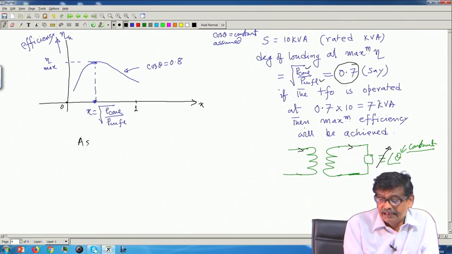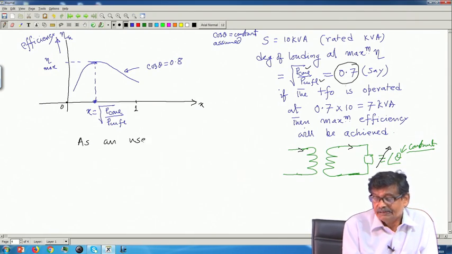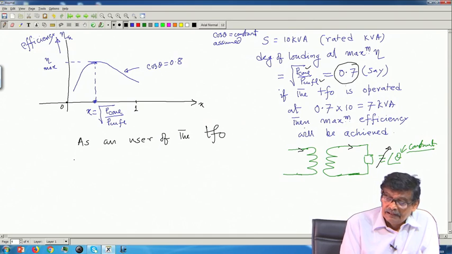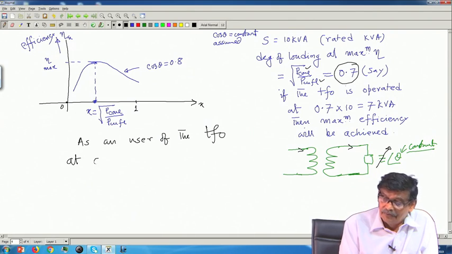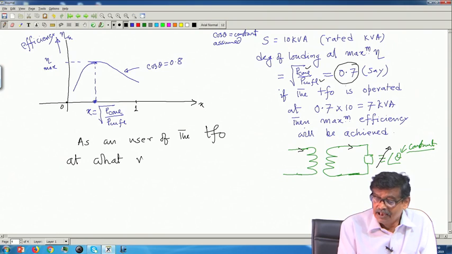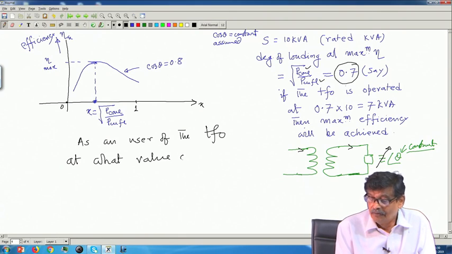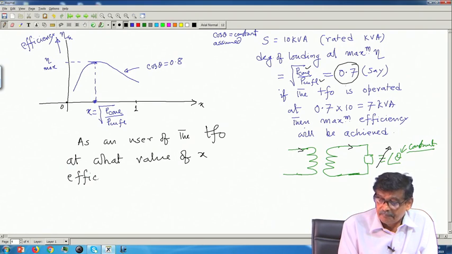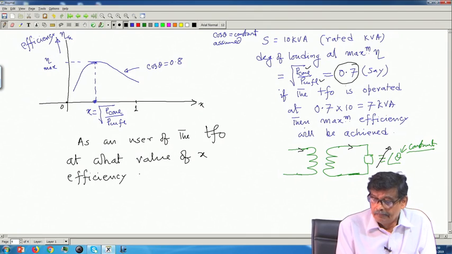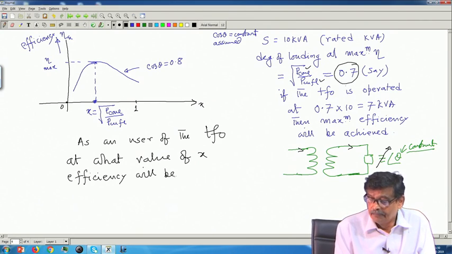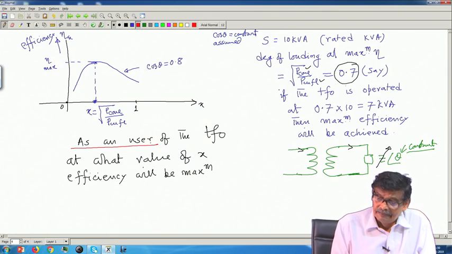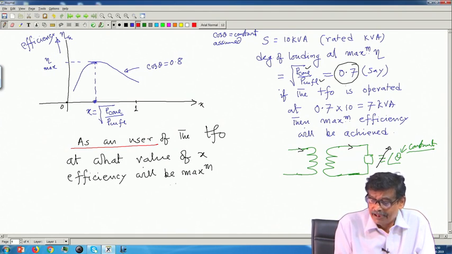As a user of the transformer, at what value of x will efficiency be maximum?